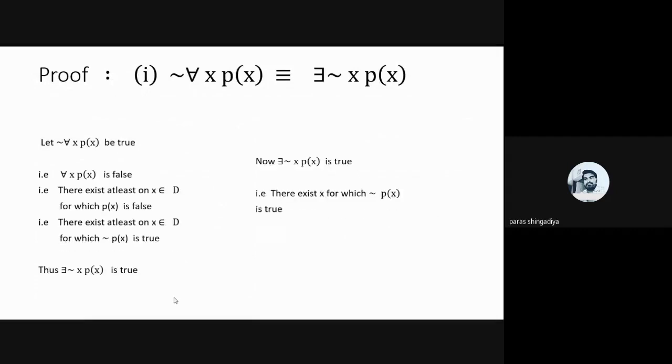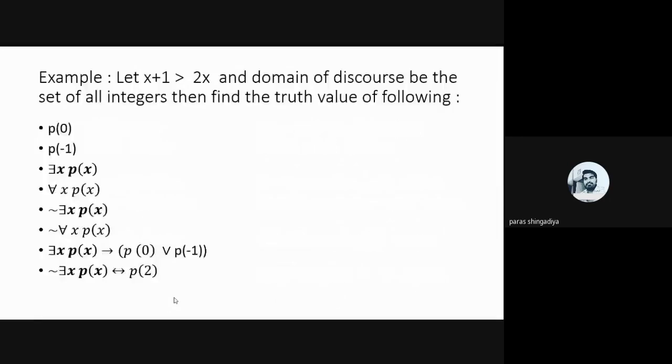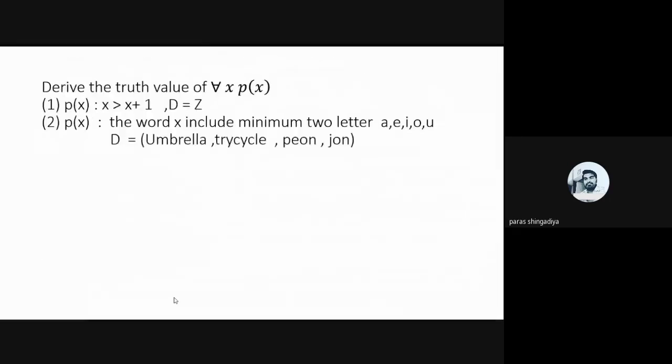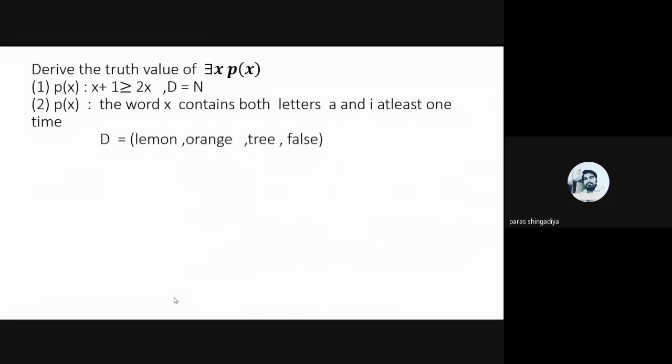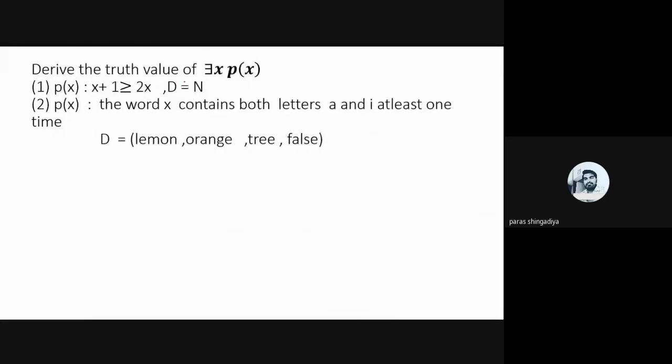Let's first check the example related to the existential quantifier, and then we'll discuss this topic. The concept is here. That was for the universal quantifier question, and now this question is for the existential quantifier.